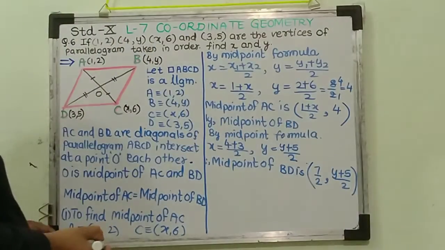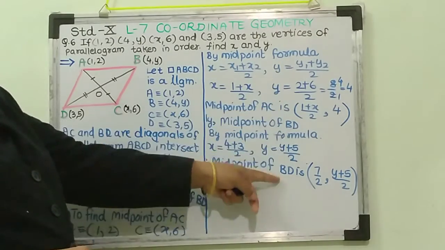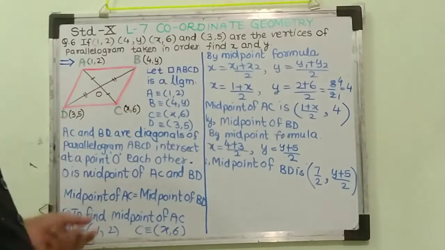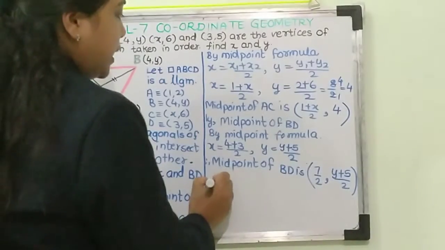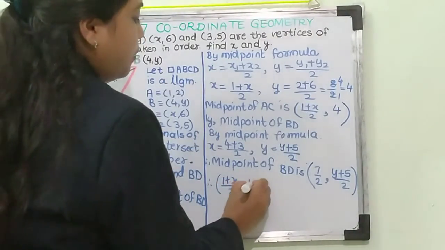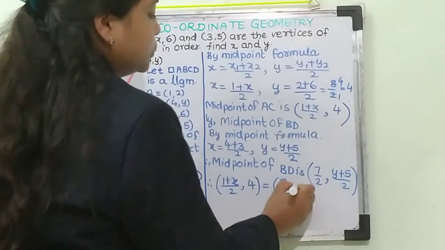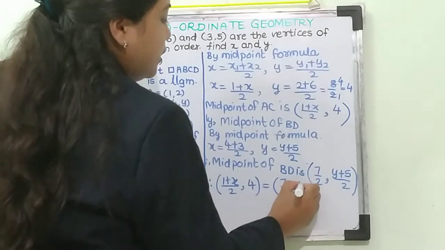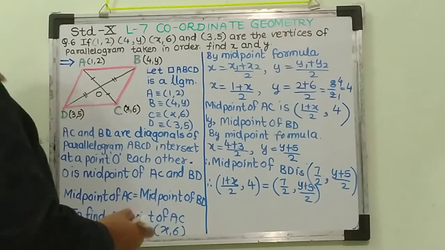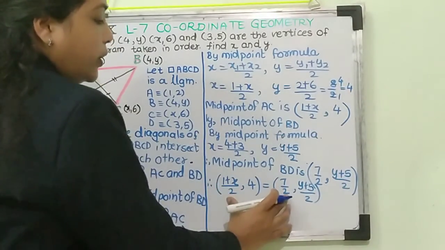So in this way we get the midpoint of BD and midpoint of AC. But the midpoint of AC and BD are equal. So here we can write 1 plus x upon 2 comma 4 equals 7 upon 2 comma y plus 5 upon 2. So here what we are going to do? We are going to equate the x coordinates.